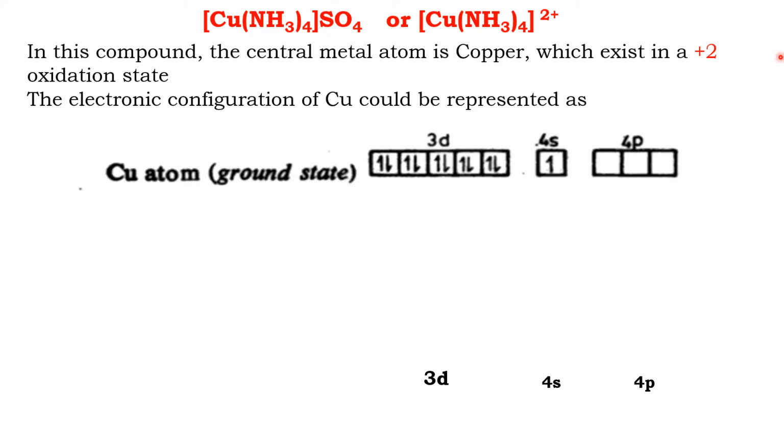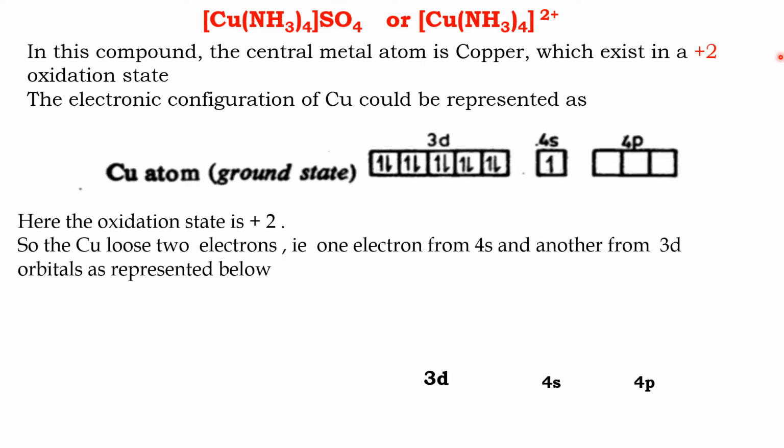In this compound, the central metal atom is copper, and we know the configuration of copper is 3d10 4s1. In this compound, copper exists in the +2 oxidation state. That means 2 electrons have to be lost from the central metal atom.